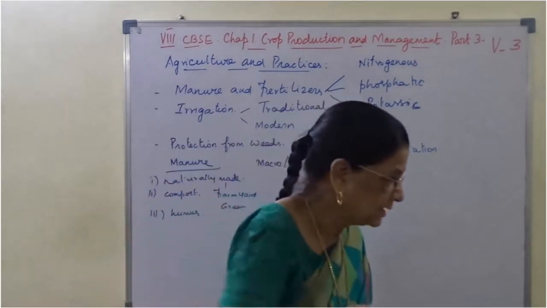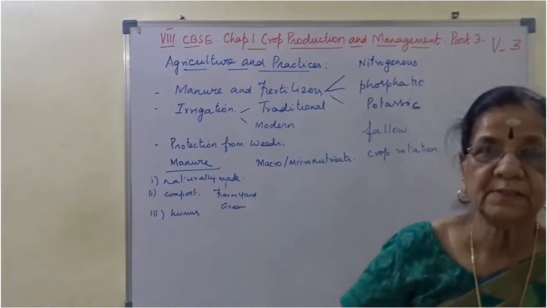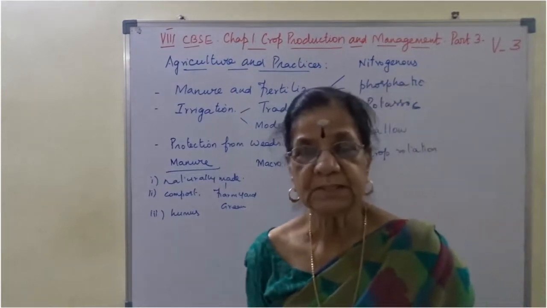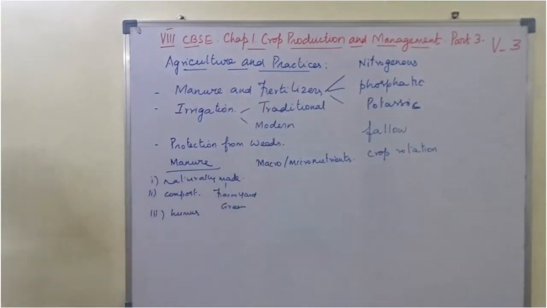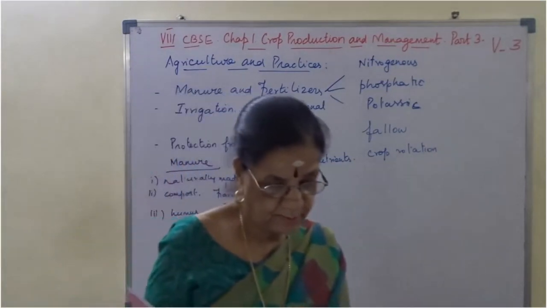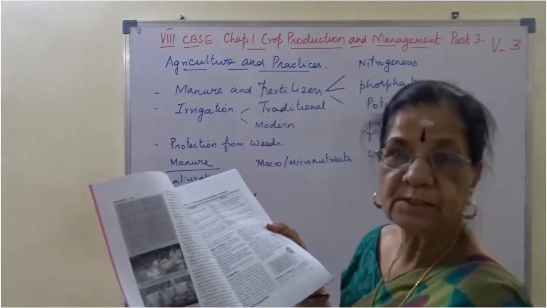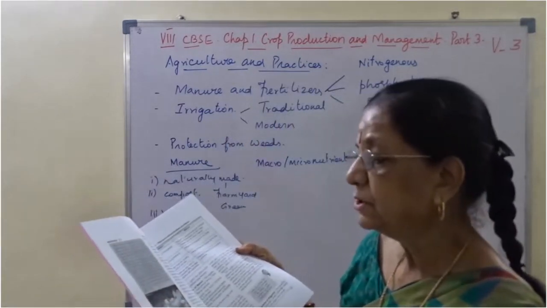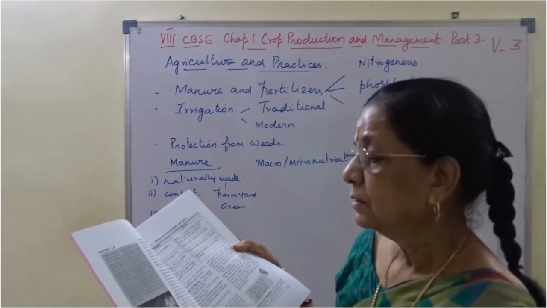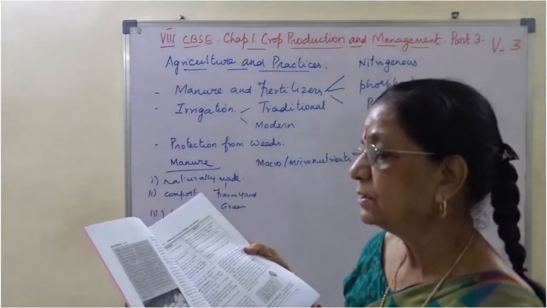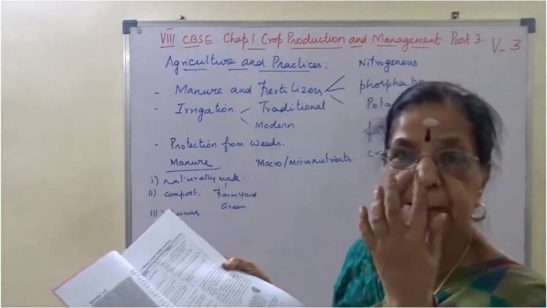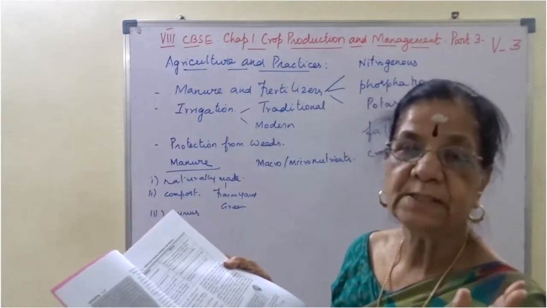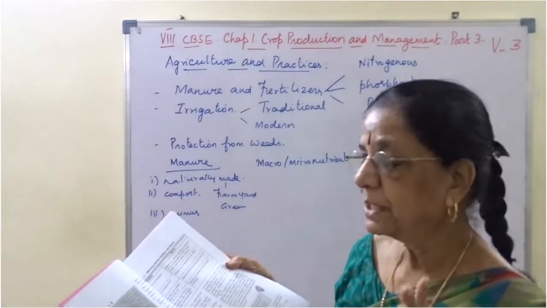Okay, and for this, there is an activity given in our textbook, activity 1.3b, where you take 3 tumblers A, B and C. In A you take cow dung manure, in B you take urea, and in C no fertilizer or urea, and allow the plant to grow.